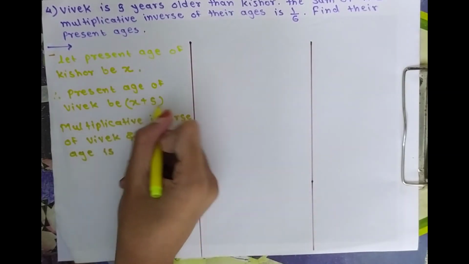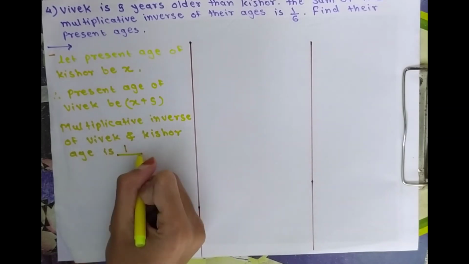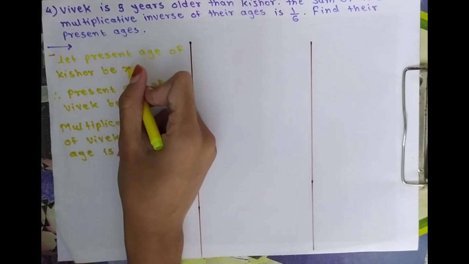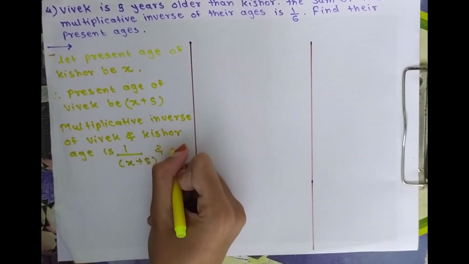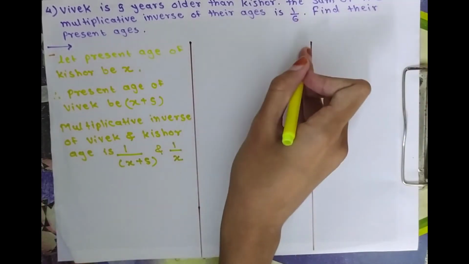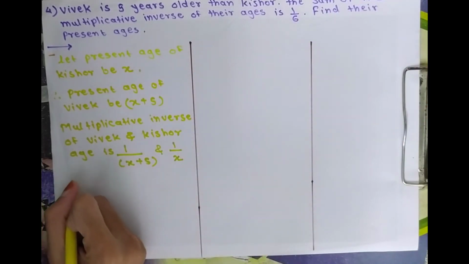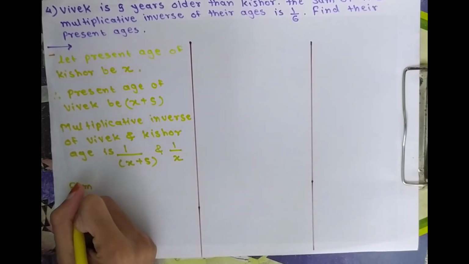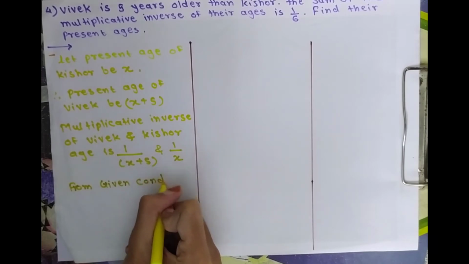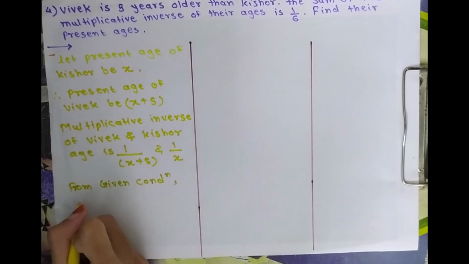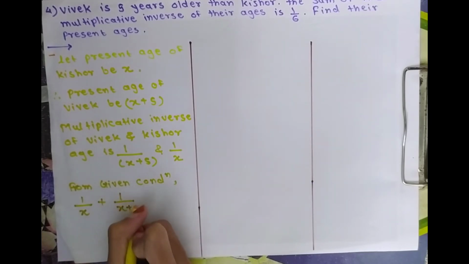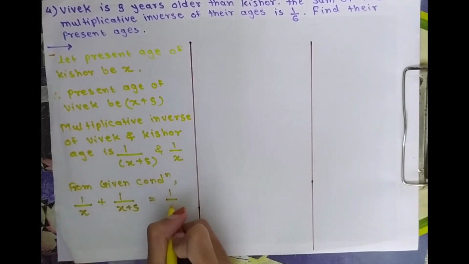So Vivek's age is x plus 5, its multiplicative inverse is 1 upon x plus 5. And Kishore's age is x, so its multiplicative inverse is 1 upon x. Okay. So its sum is 1 upon 6. So write this. From the given condition, the sum of the multiplicative inverses: 1 upon x plus 1 upon x plus 5 is equal to 1 upon 6.